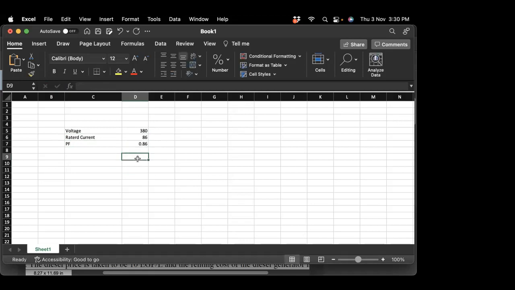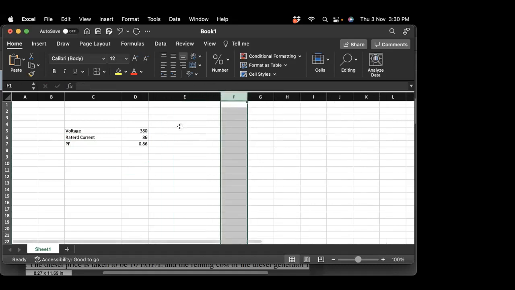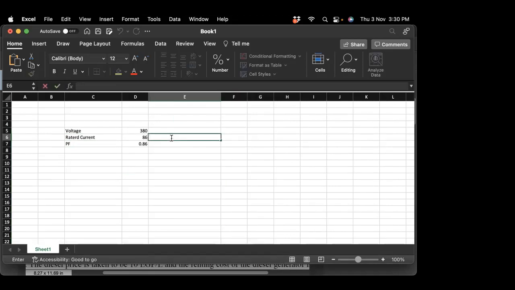0.86. So the first thing we can do, my dear students, is to calculate the rated power, or we can consider it here as the worst case power. The worst case scenario power will be equal to voltage times current times power factor.